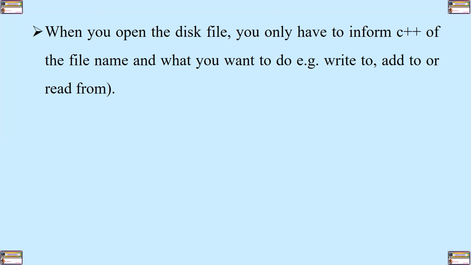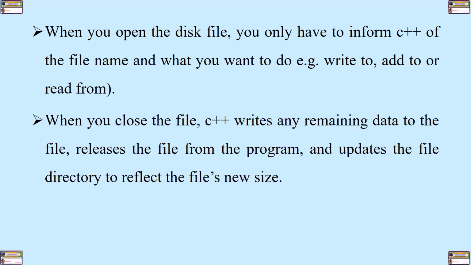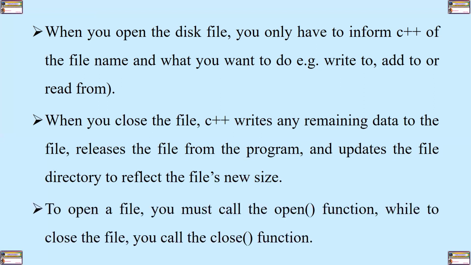Similarly, if you want to read content from a file, then as you open the file, you must inform the compiler that you want to open it for the purpose of reading from it. When you close the file, C++ writes any remaining data, releases the file from the program, and updates the file directory to reflect the file's new size.